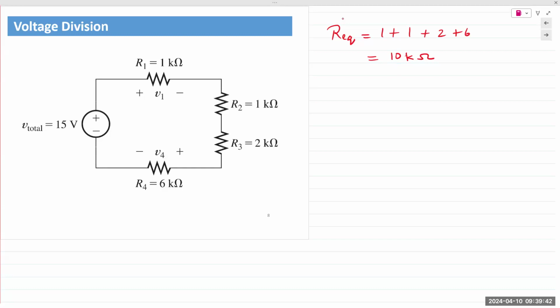So you can find VR1 as a fraction of the supply voltage VT times R1 over REQ, which would be 15 times 1000 divided by 10,000. 1.5 volts. Let's take 10 seconds, think over that, and let me know if you have any questions.